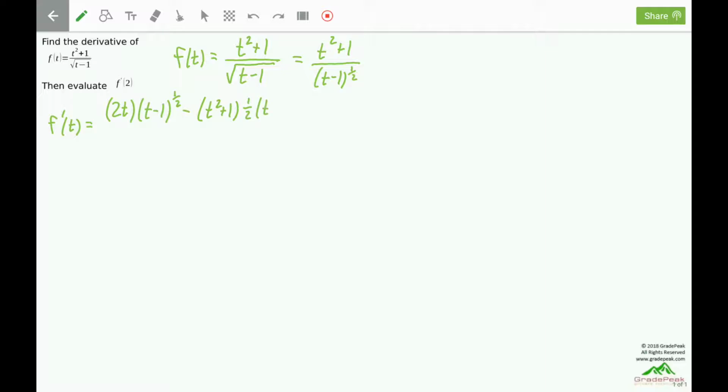Now, it's a power rule for the denominator, so we'll bring down the 1/2, we'll subtract 1 from it, I will call that 2/2, and then multiply by the derivative of the inside, which is just a 1 here, to complete the chain rule. And then that entire thing is over the denominator squared.